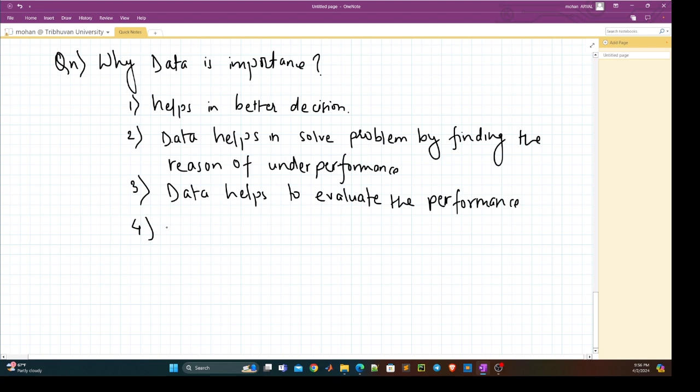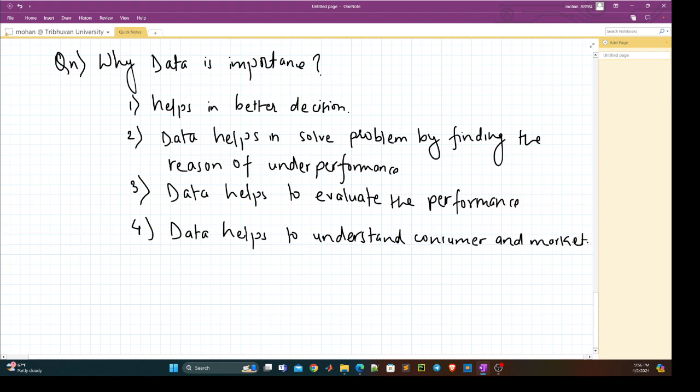And data helps to understand consumer and market, right?